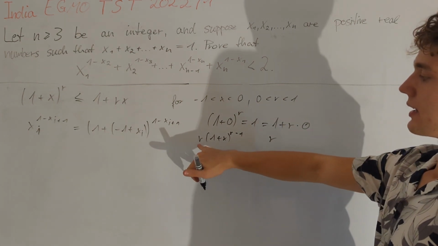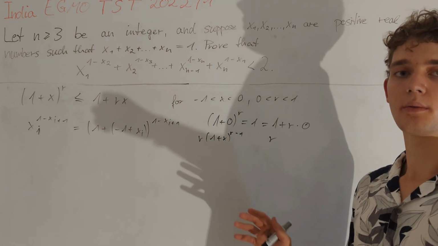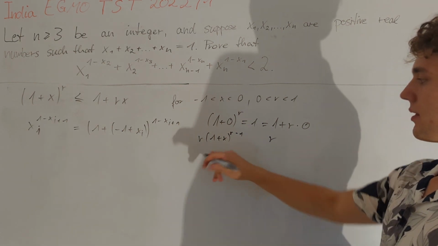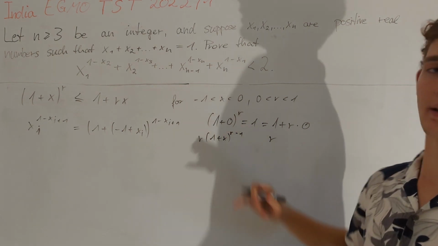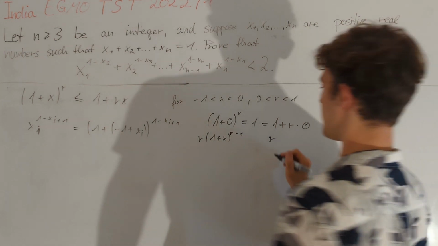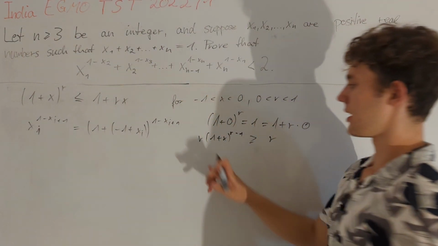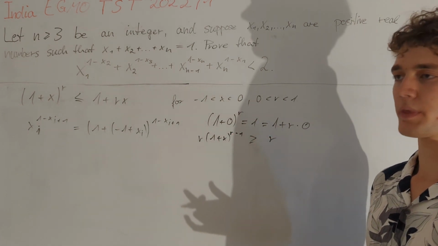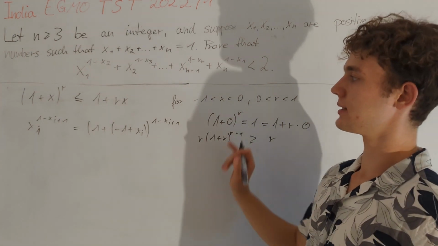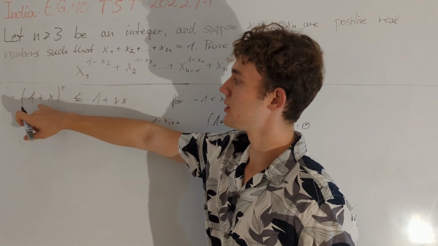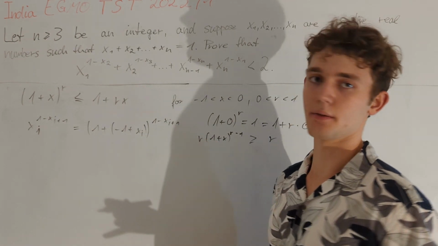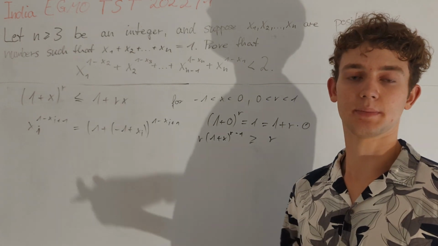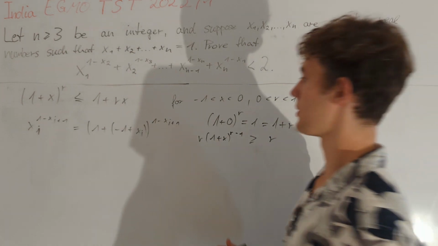Therefore, we are dividing r by a small positive real number raised to a positive value, if we view it like this. Therefore, this increases the value of the left side, and therefore we get that r times (1 plus x) raised to r minus 1 is greater than or equal to r. This tells us that for x less than 0, the derivative of the left side is larger than the derivative of the right side. But since we have equality at 0, this is basically enough to prove our inequality.